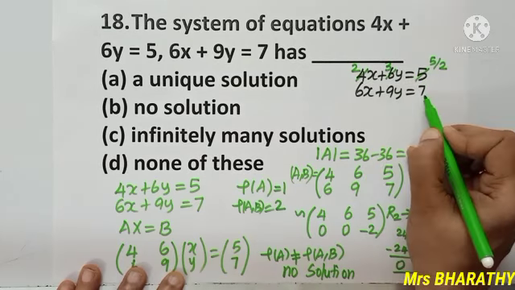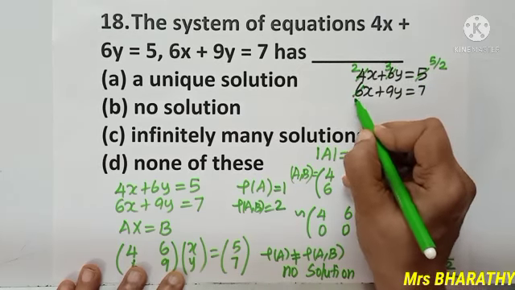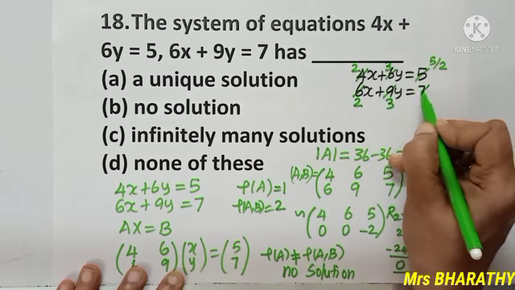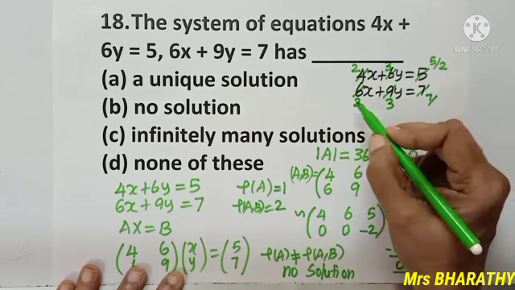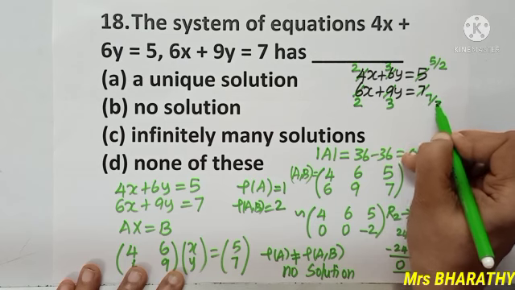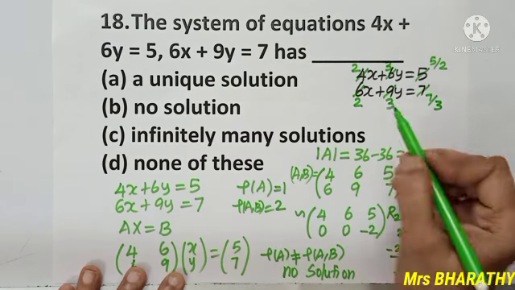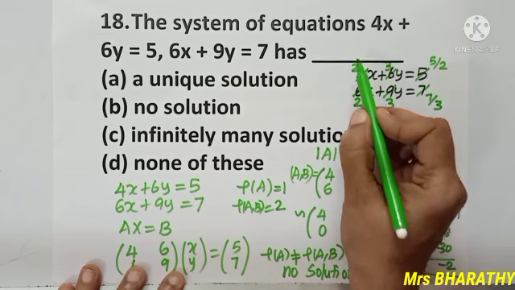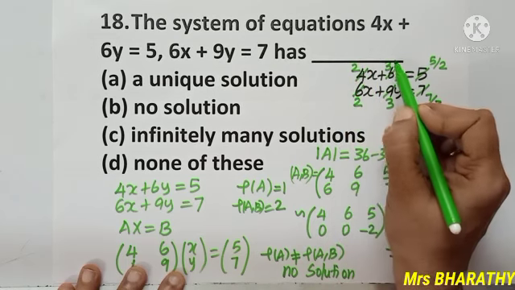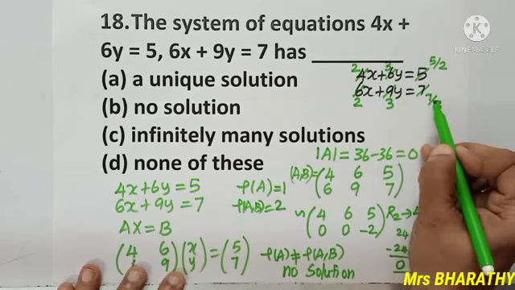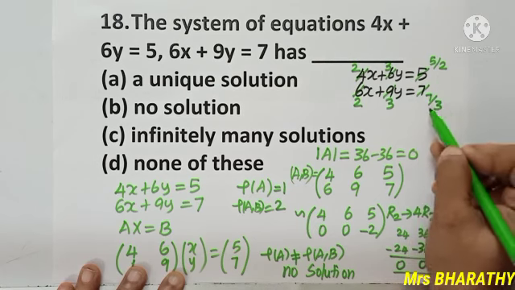Here let me divide by 3 throughout: 2, 3, 7 by 3. So this is a shortcut method to check. Here both are same, but here the numbers are different.